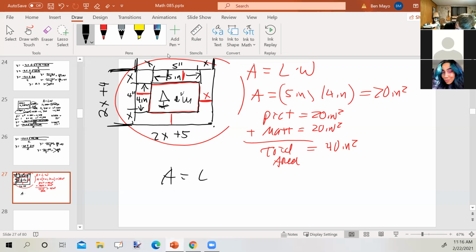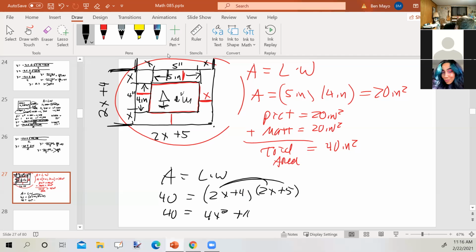Well, area equals length times width. So 40 equals 2X plus 4 times 2X plus 5. Is anybody confused about where I got the 2X? Okay, good. So 40 equals 4X squared plus 10X plus 8X plus 20.